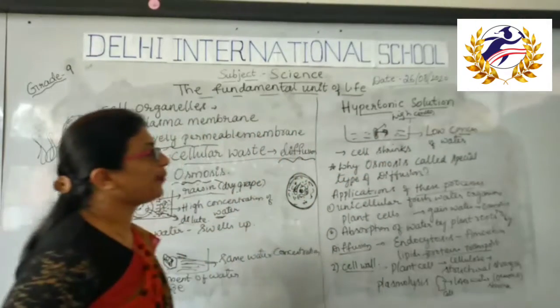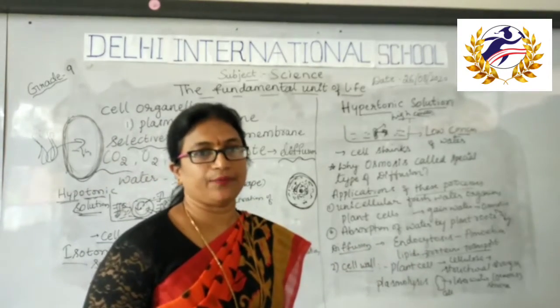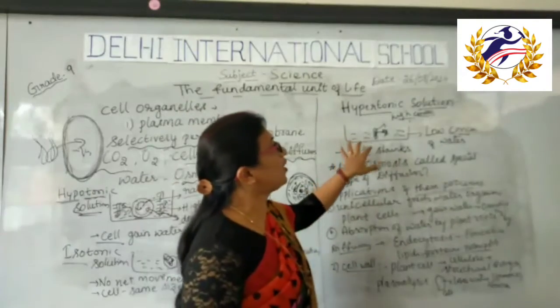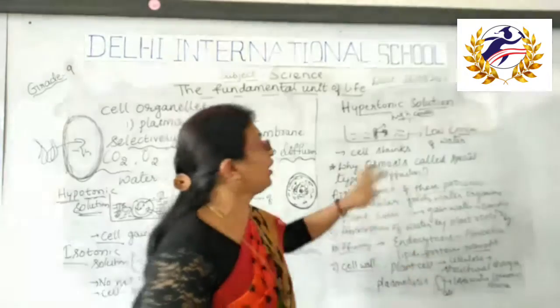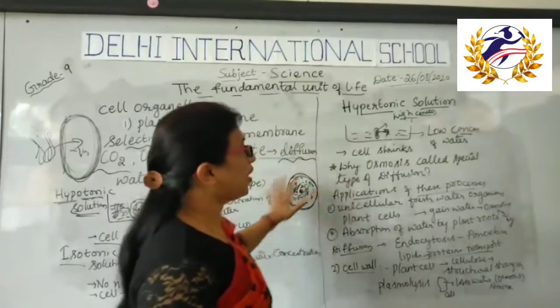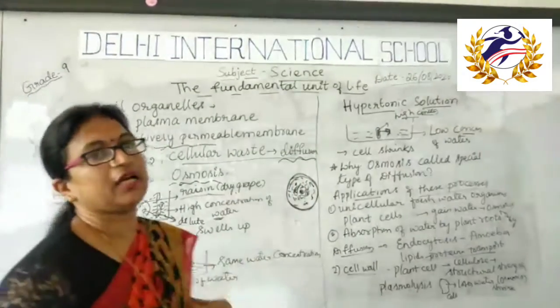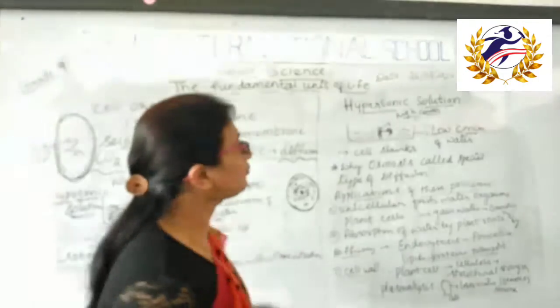So this is what happens when the cell is dipped in the hypertonic solution. Hypertonic solution means the concentration outside is more. So this is what happens to the cell when it is subjected to different water conditions.